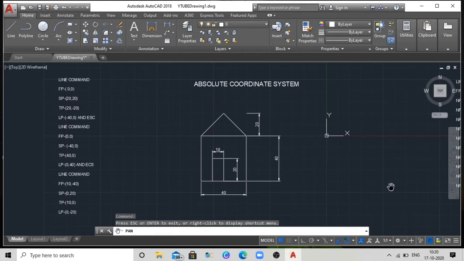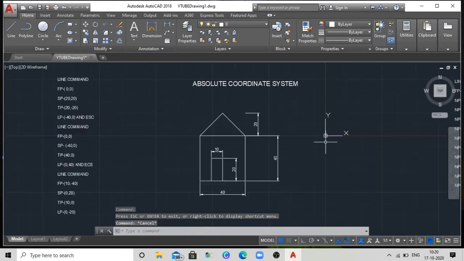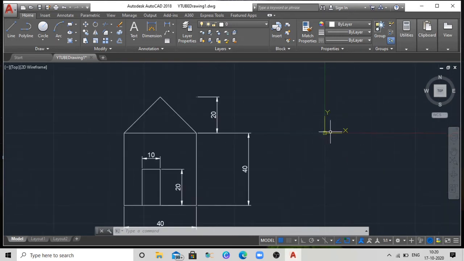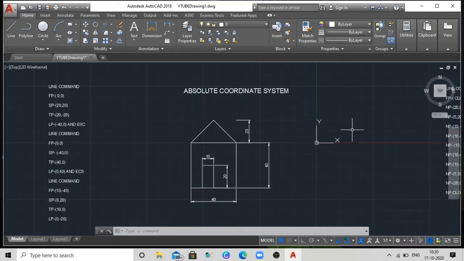First one we will take is the absolute coordinate system. In the absolute coordinate system, the figure and the distances are measured with respect to the origin. Means the points to draw the figure are measured from the source of origin. I already mentioned the command over here: first point, second point, third point.